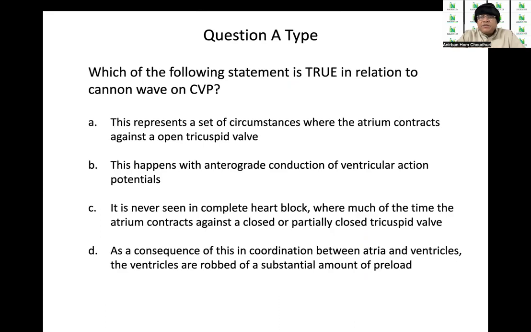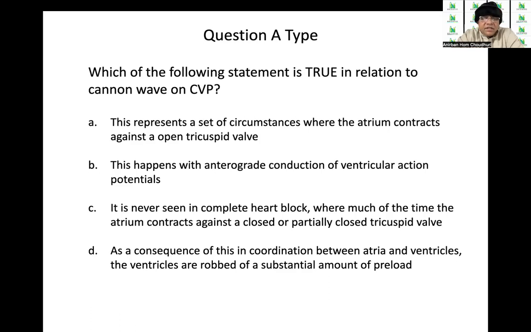Now, let us try to find an answer to this type of question, very common in some entrance exams. Which of the following is true in relation to the Cannon wave on CVP, the ones you have just seen? A, this represents a set of circumstances where the atrium contracts against an open tricuspid valve. B, this happens with anterograde conduction of ventricular action potentials.